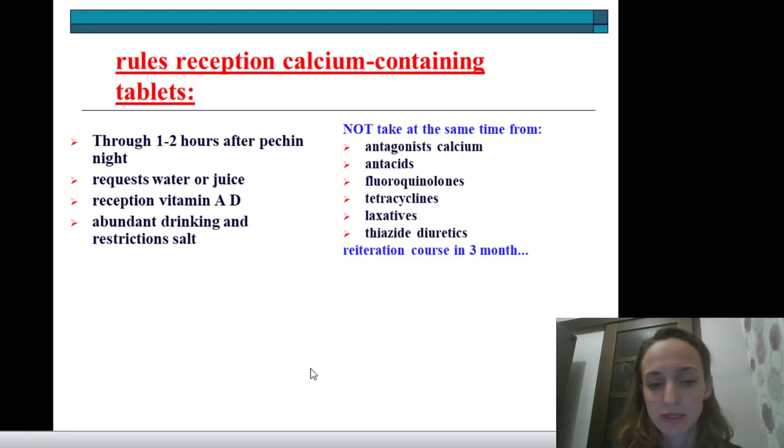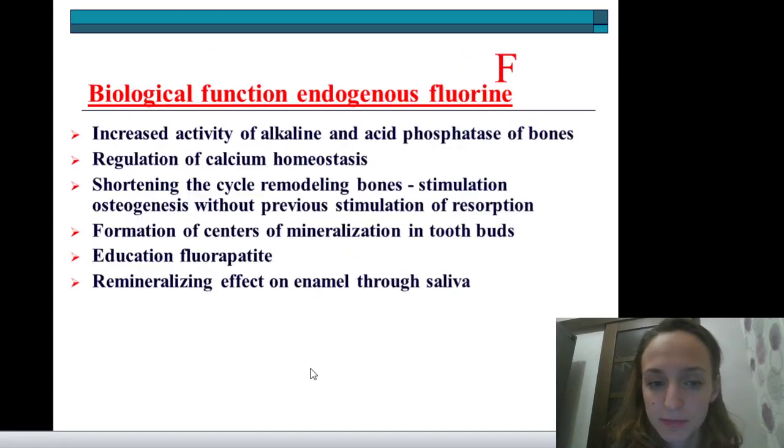Vitamins A and D you do not take at the same time with calcium, antacids, or tetracyclines, and the course of treatment is 3 months. It is minimum.